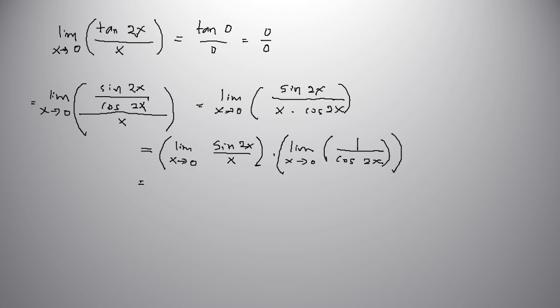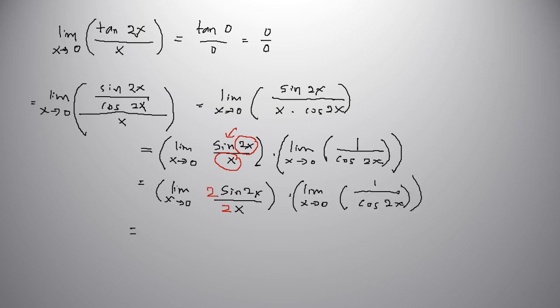Then we need to adjust the sine function as in the squeezing theorem, so we need to make this function the same as the function in the denominator, so we need to multiply by 2. So we will multiply by 2 in the denominator and also the numerator. So we can write 2 multiplied by the limit as x approaches 0 of sine 2x over 2x.